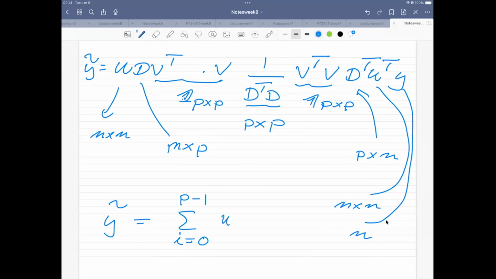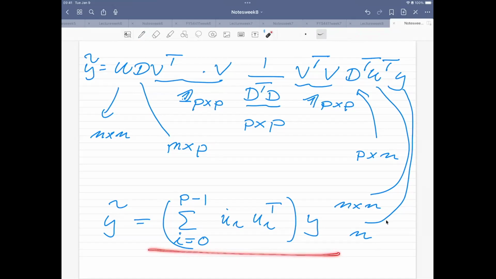And then I'm getting u_i, a vector of the orthogonal matrix, u_i transpose, multiplying with y. Now, if the matrix X is a square matrix and it's invertible, then p is equal to n. And that means that what we have here does not represent a dimensionality reduction.